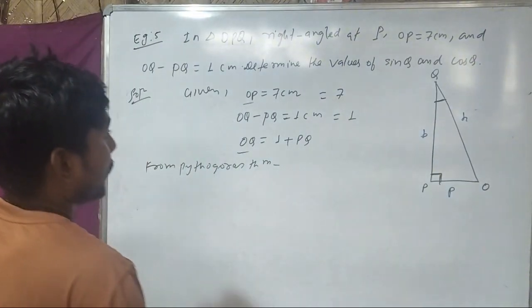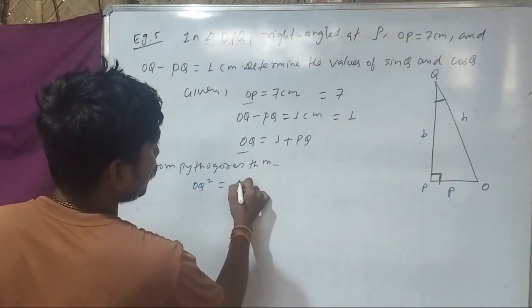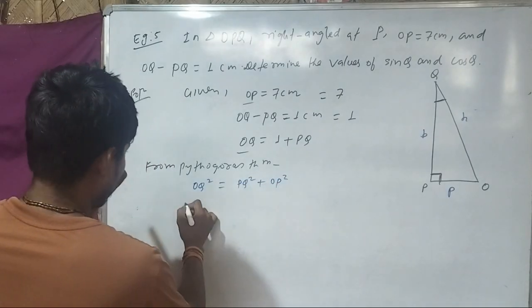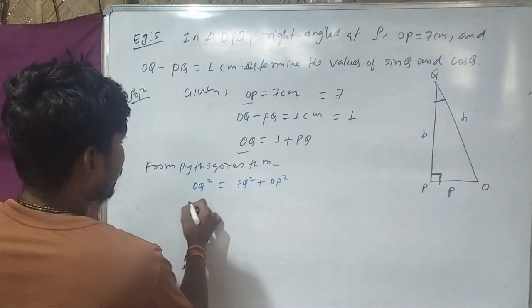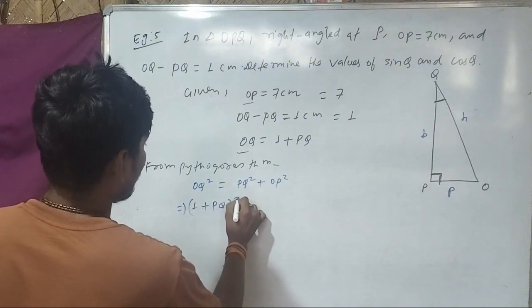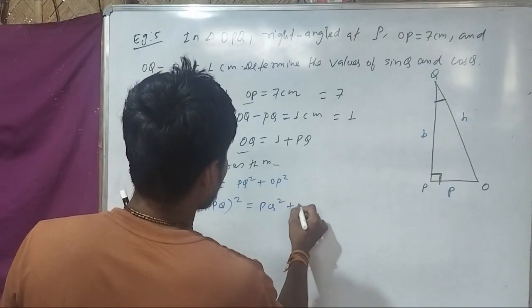Hypotenuse square equals OQ square equals PQ square plus OP square. OQ is 1 plus PQ, whole square, equals PQ square plus OP, which is 7 square.